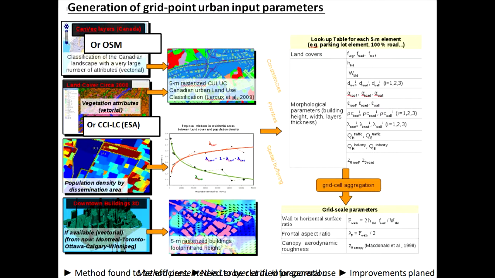It's a mix of vector and other datasets, and we provide a 5-meter land use land cover with also attributes, and then we can obtain the parameters that we need in the TEB model directly at the grid point.